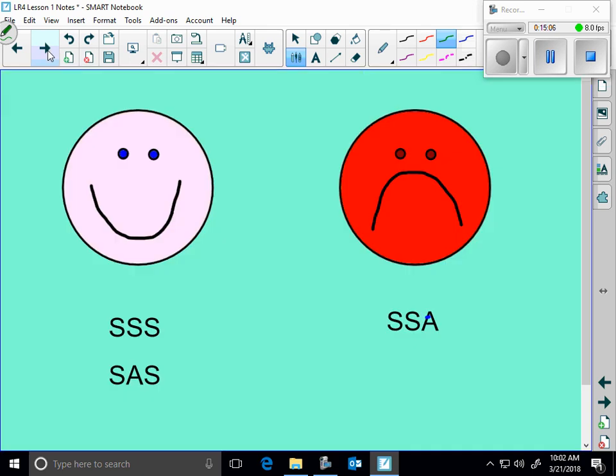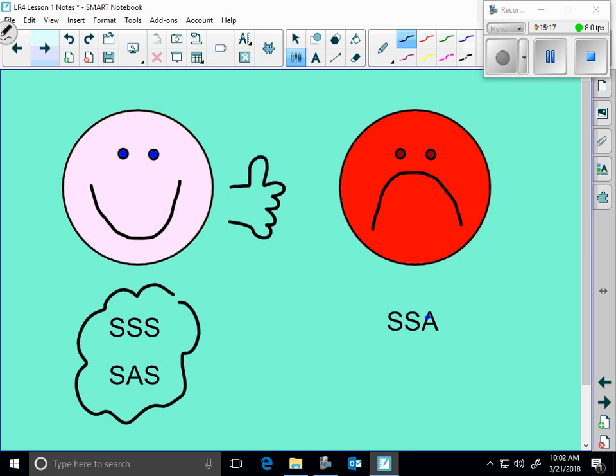All right. So just in review here, you guys, side, side, side and side, angle, side are thumbs up. I'm going to try to draw a thumbs up with a little bit of hair on the knuckles, and then thumbs down.